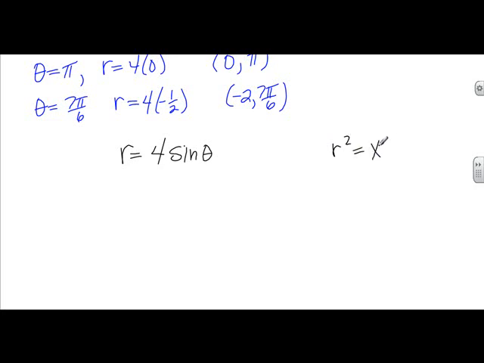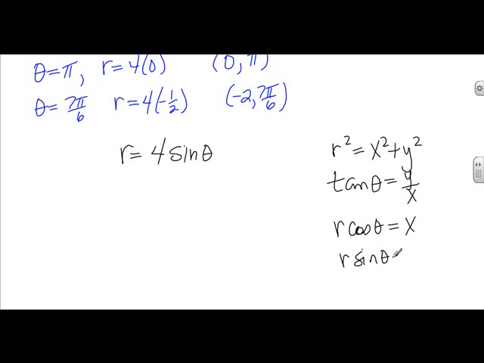The tangent of the angle theta is y over x. r times the cosine of theta is equal to x, and r times the sine of theta is equal to y. These are all the conversion factors, for lack of something better to call them, between Cartesian and polar.